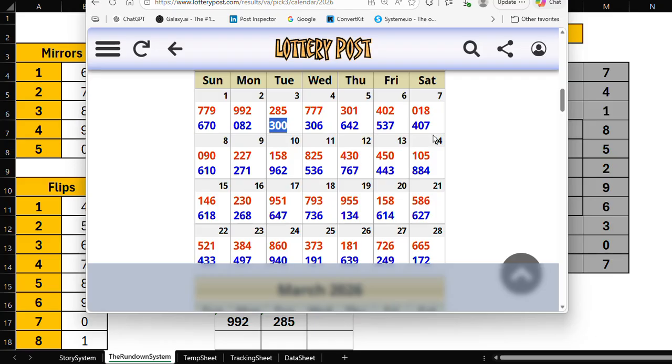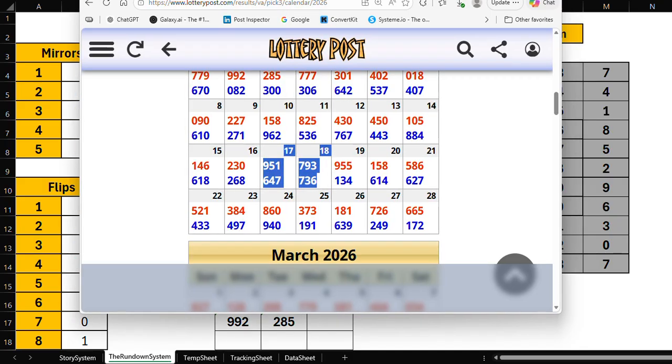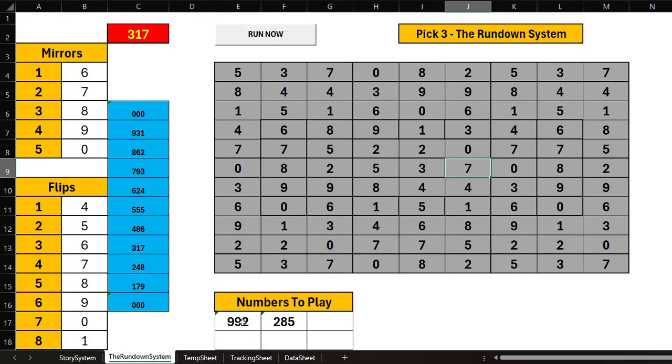All right, so let's pick one more from the state of Virginia. Let's do the 17 to the 18. Let's do both of these numbers. So 951 to 793. So 951, 793.